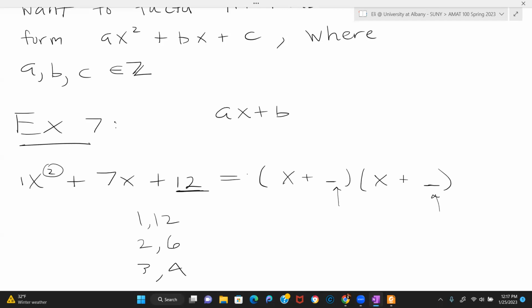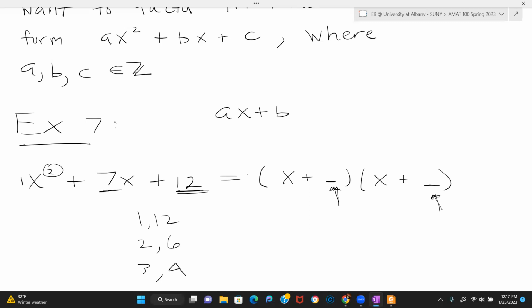There's also another requirement on these two boxes. Not only does the product have to be 12, so they have to be factors of 12, but when you FOIL and cross multiply, you're going to get those x terms with coefficients, and those coefficients have to add up to 7.